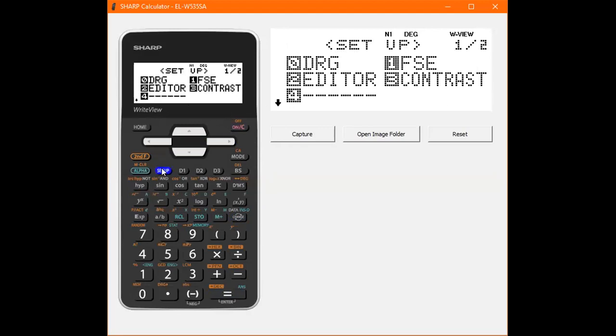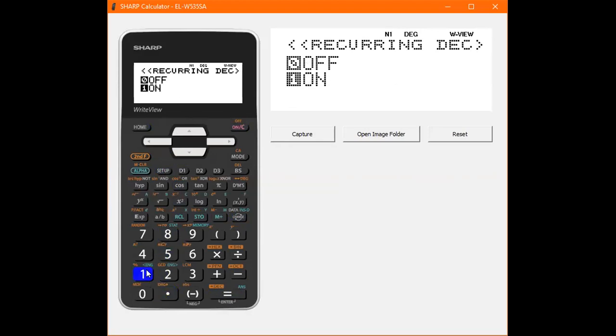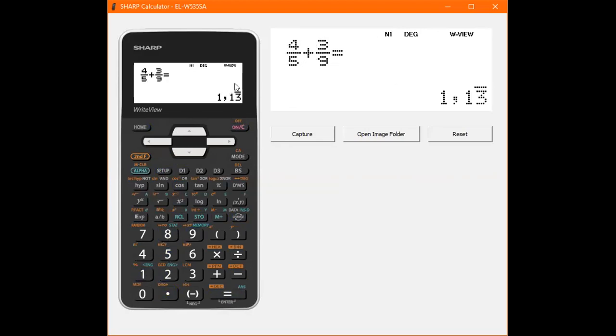So to do that, you press setup and press your down arrow key and choose 5 for recurring decimal. And then you turn it on by pressing 1. That will then give you that little bar above your recurring value. And it will give you your mixed number fraction, your improper fraction, your recurring decimal notation, and then of course your full decimal notation as well, so that students can see exactly what's going on there.